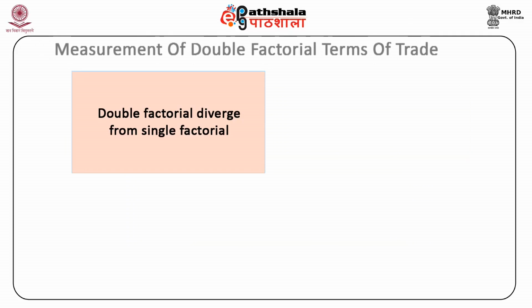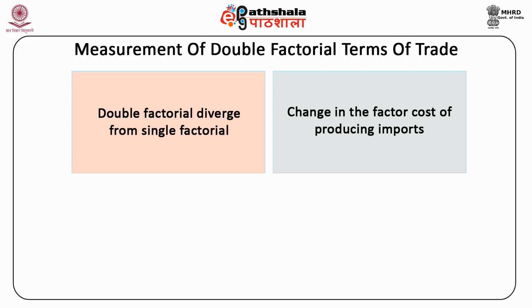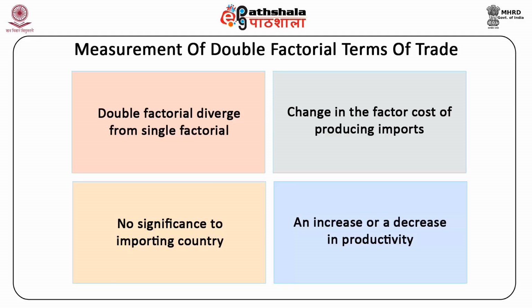The double factorial terms of trade will diverge from single factorial terms when there is a change in the factor cost of producing imports. This has no significance to the importing country because it only means that there has been an increase or a decrease in productivity in the country from which it is importing goods.